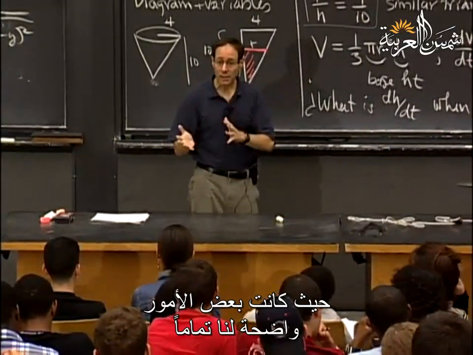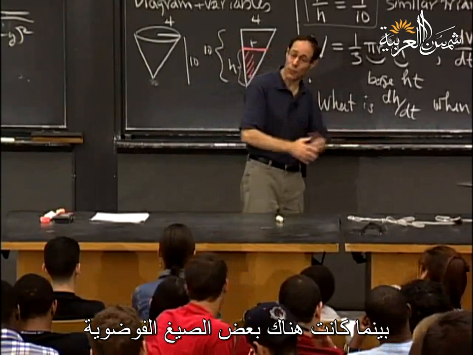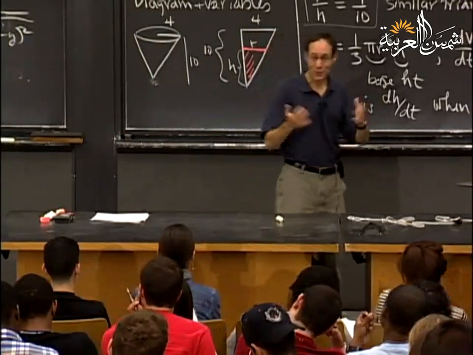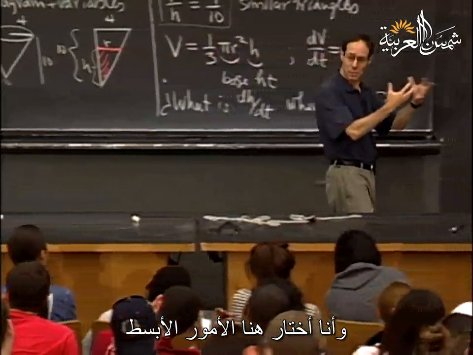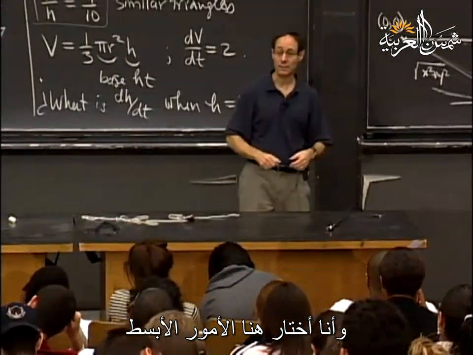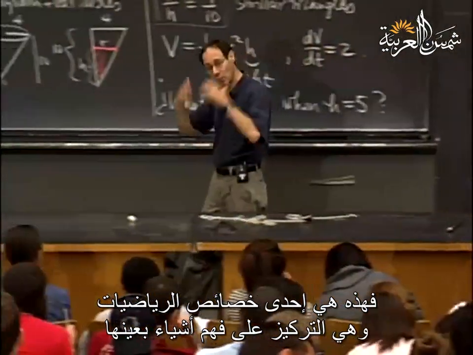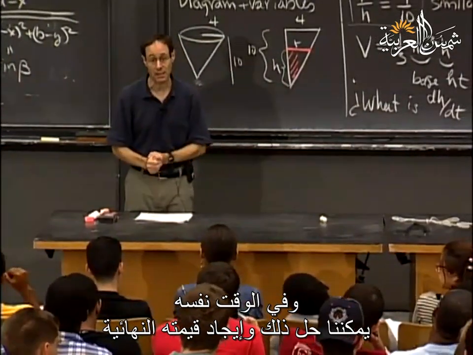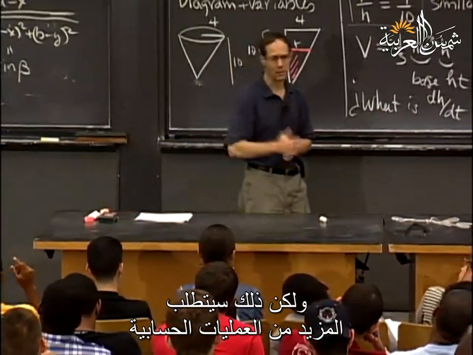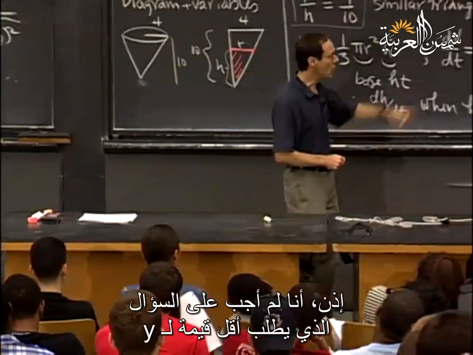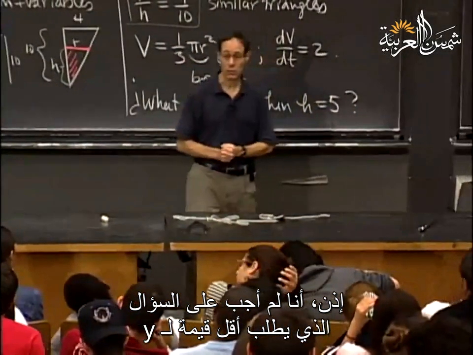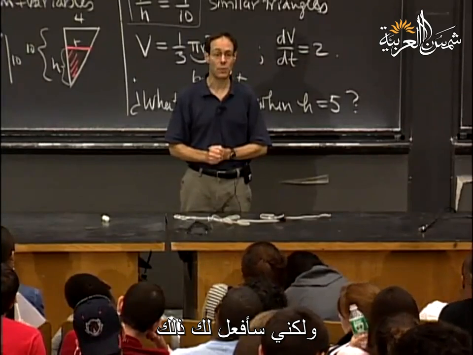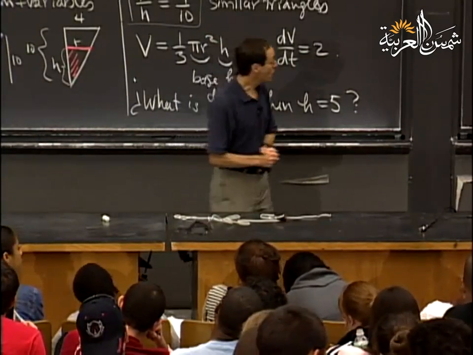There are some illuminating things you can say about the problem, and then there's some messy formulas. You want to try to pick out the simple things that you can say. In fact, that's a property of math. You want to focus on the more comprehensible things. On the other hand, it can be done. It just takes a little bit of computation. All right, so I didn't answer the question of what the lowest y was, but I'll do that for you.